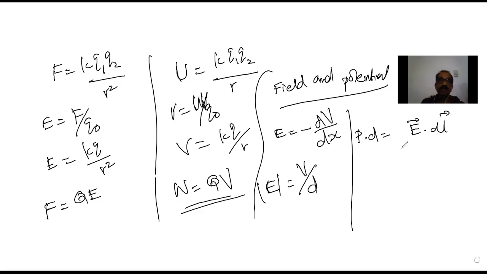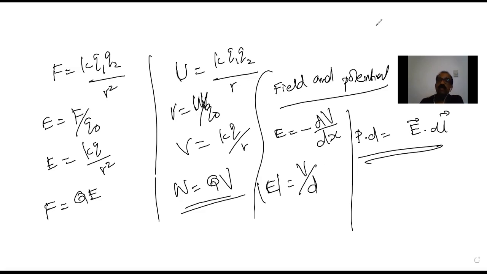Work done is equal to F dot dl, or dx, force and distance. Like that, electric field is nothing but force per unit positive charge. So memorize this equation for potential difference. It may be useful for some numericals and all. There is a relation between potential difference and electric field.